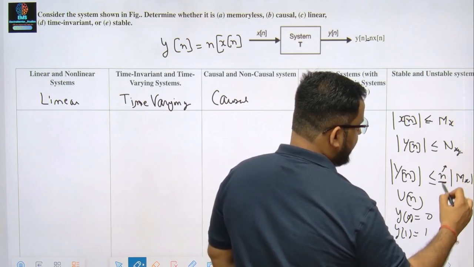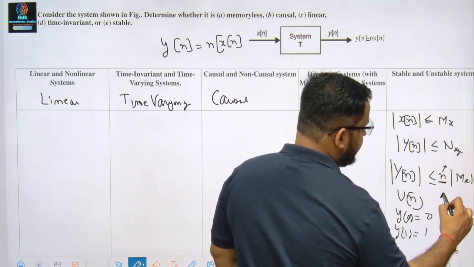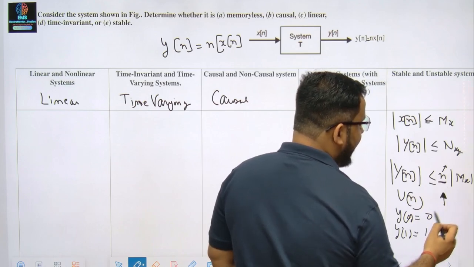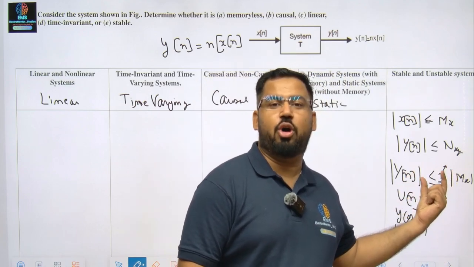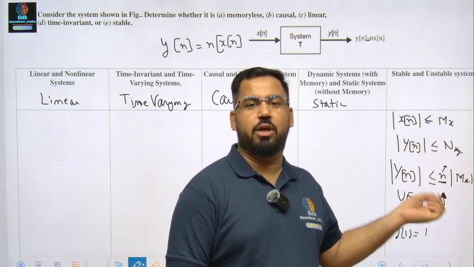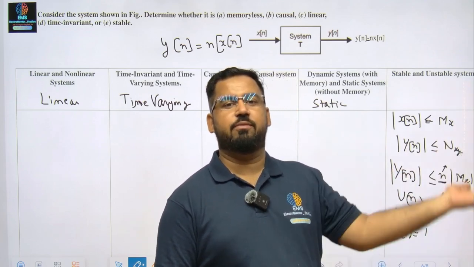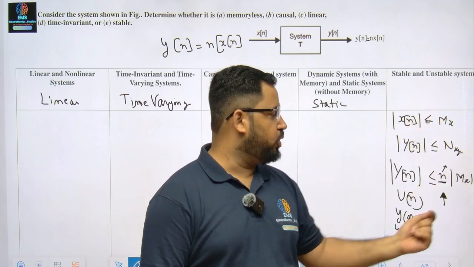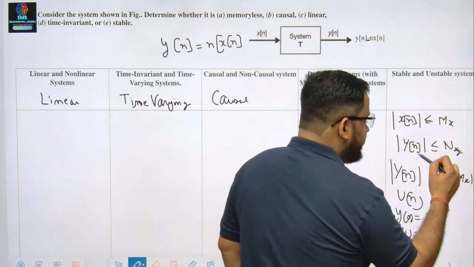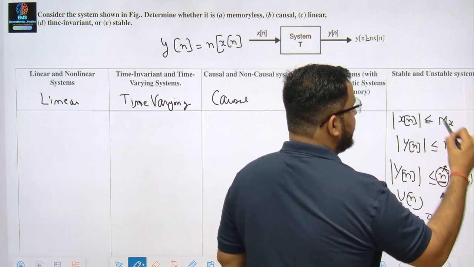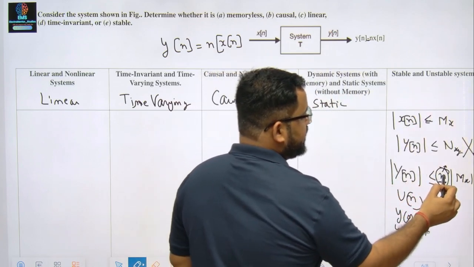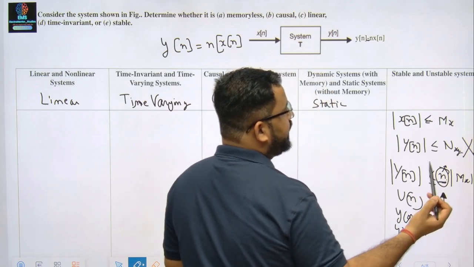This n will keep on increasing with time, and there is no bound on this. As soon as the time goes, this n will start increasing. So because of this n, this relation will not stand because there is no bound on this. We cannot bound the time.